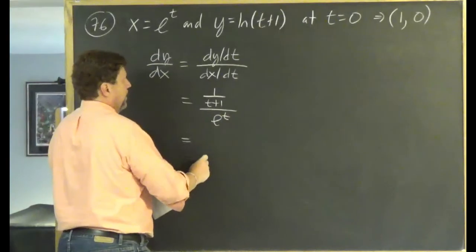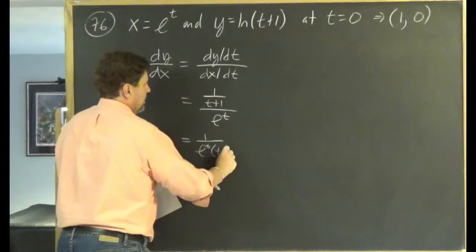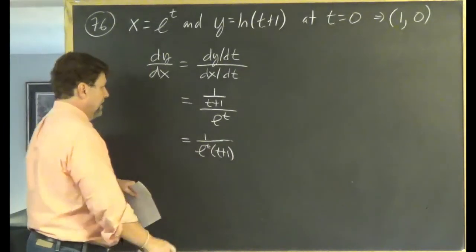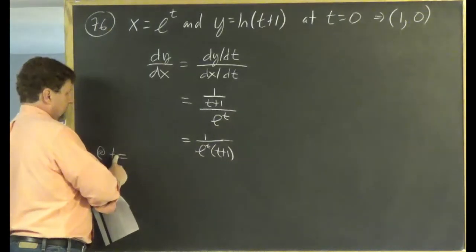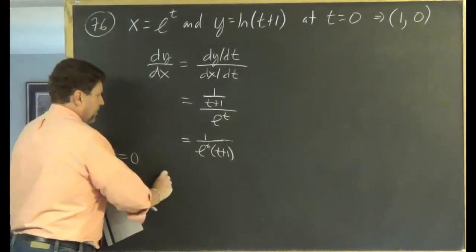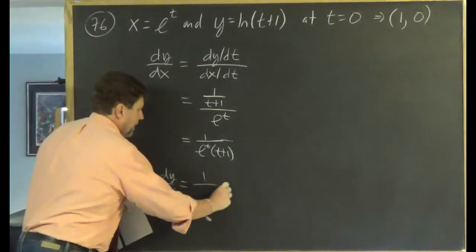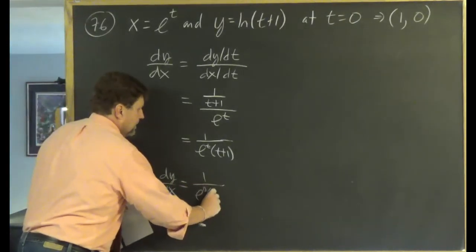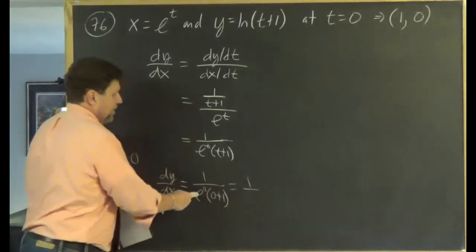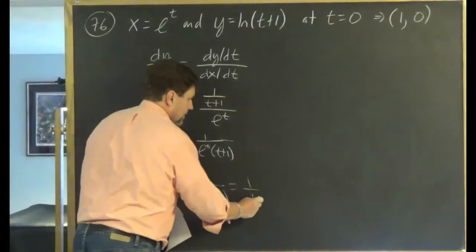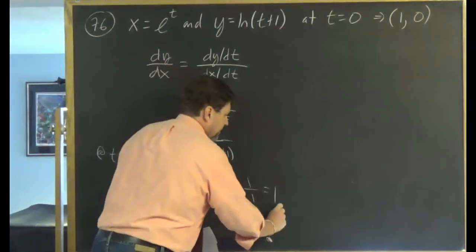So we have dy/dx is 1 over e to the t times t plus 1. So at t equals 0, dy/dx is equal to 1 over e to the 0 times 0 plus 1. So that's 1 over 1, and that's the slope of the tangent line.